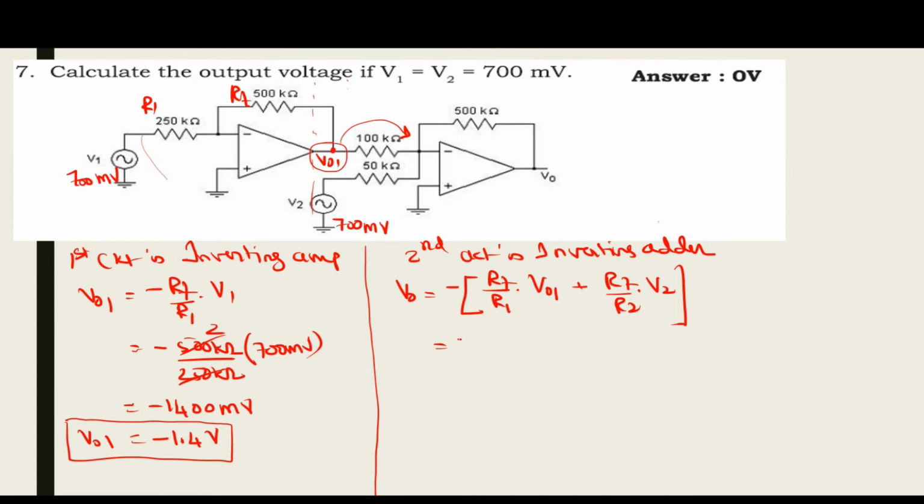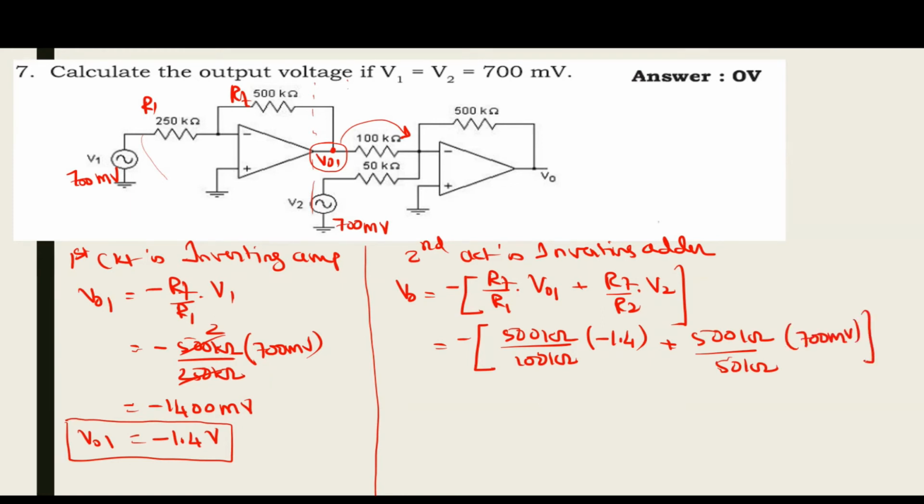So substitute now. Minus of RF is 500 kilo ohm, R1 is 100 kilo ohm into VO1, I got it as minus 1.4, plus RF is 500 kilo ohm, R2 is 50 kilo ohm, V2 is 700 millivolt.